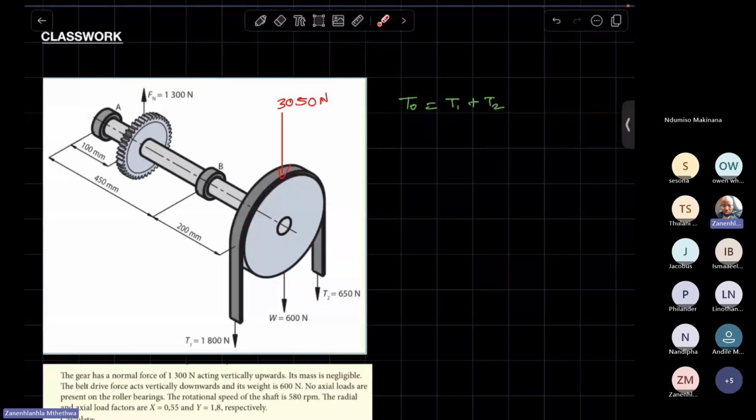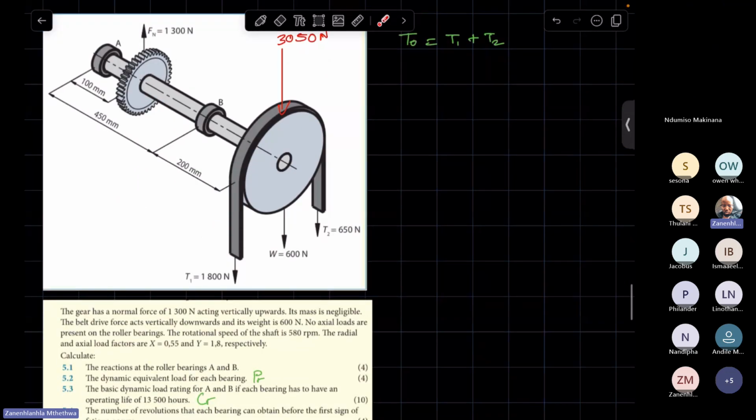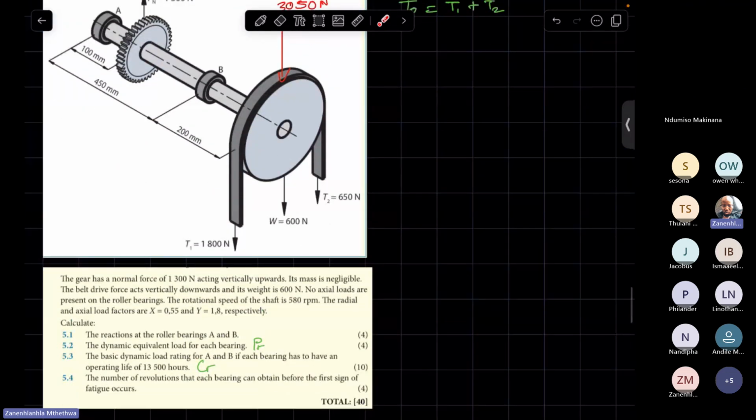So essentially, we have everything we need to calculate the radial supports at the bearings, right? Now, from the diagram, we do not see any extra loads, so we can assume there are no extra loads here.